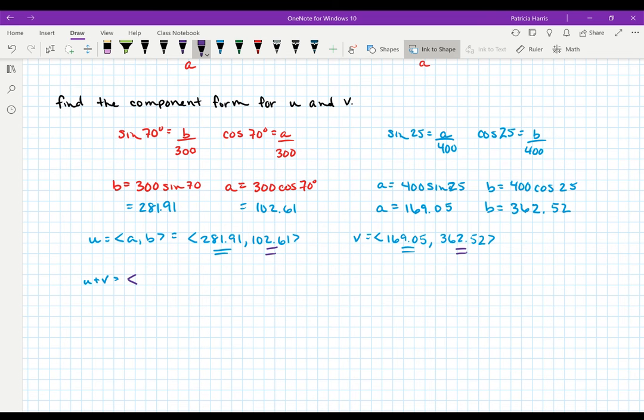And we get, okay, so now we can find the magnitude by using our formula.